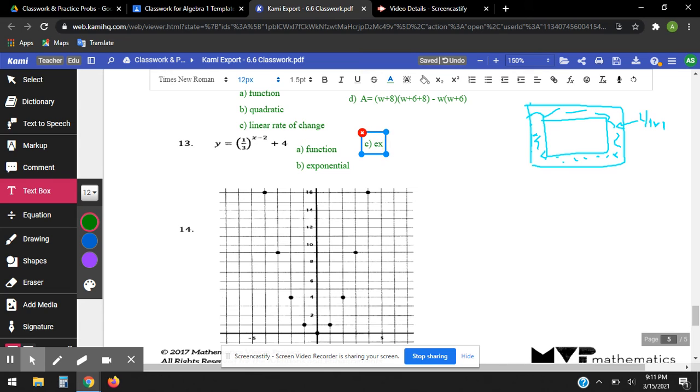C, that means it has an exponential rate of change. And D, what should we do for D? Should we pick some points in here? This one looks like it might get kind of ugly on there. If we do some negatives, it might be a little bit nicer.